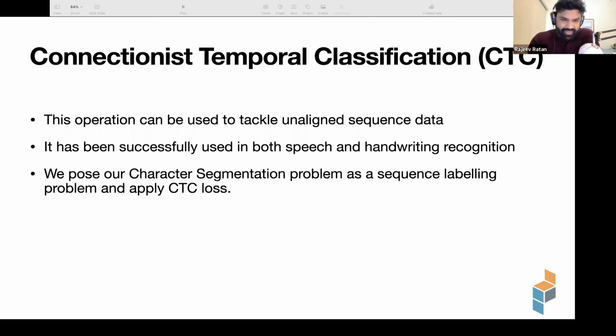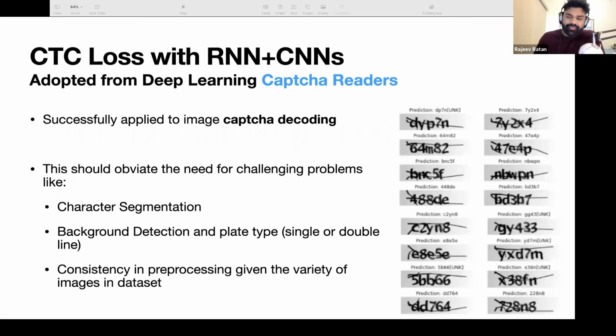I'll give you some examples later on in the upcoming slides. What we did was pose our character segmentation problem as a sequence labeling problem, and we applied CTC loss to it. There was a paper on using CTC loss to decode captchas like these here. So I adopted that network design into our license plate problem.